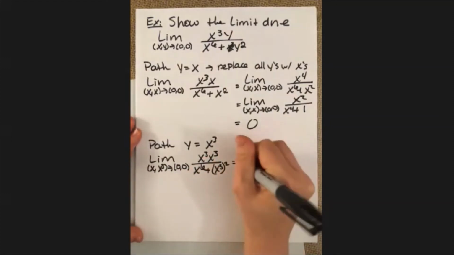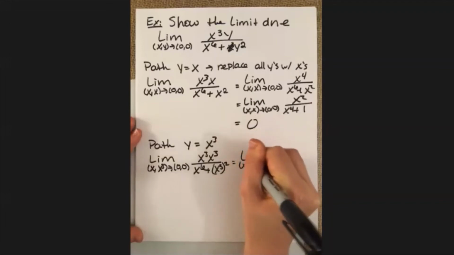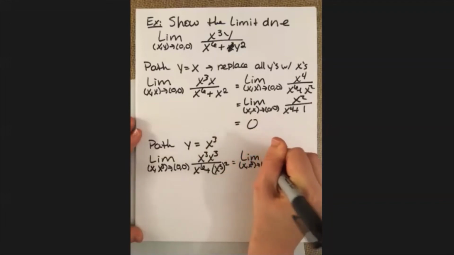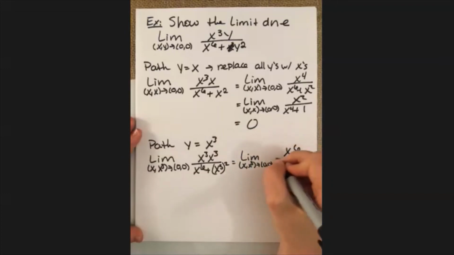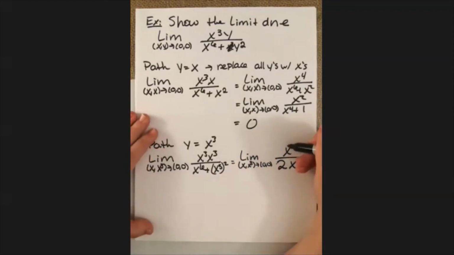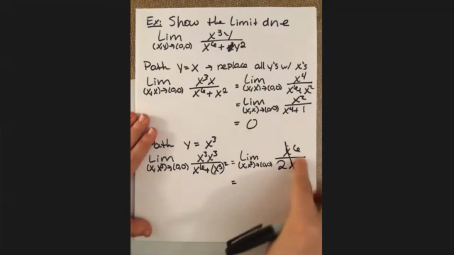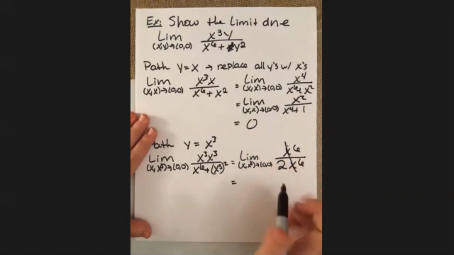So we can simplify some stuff down here. x to the 6th divided by 2 times x to the 6th is what happens when I combine those two things. So I'm able to cancel out the x to the 6th from the top and the bottom, like so. There's not really even any x's left to plug zeros into. We just get 1/2.